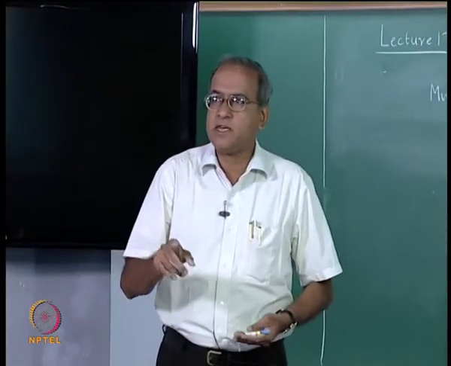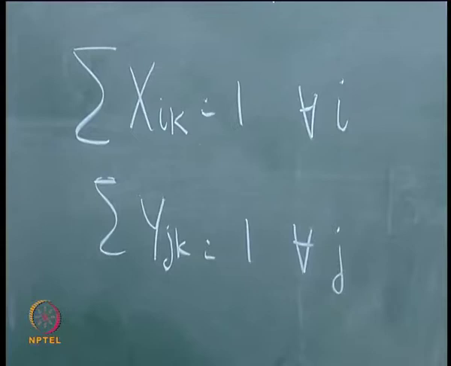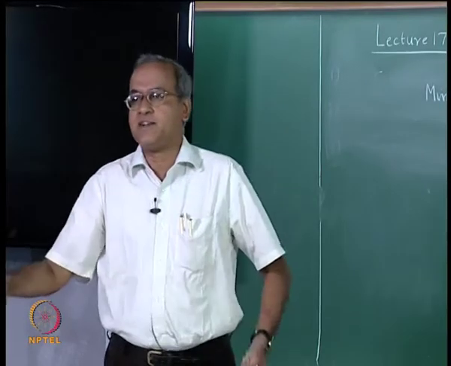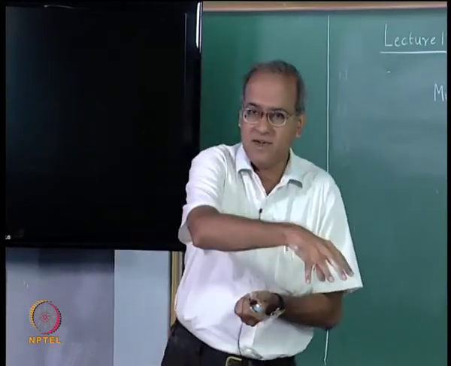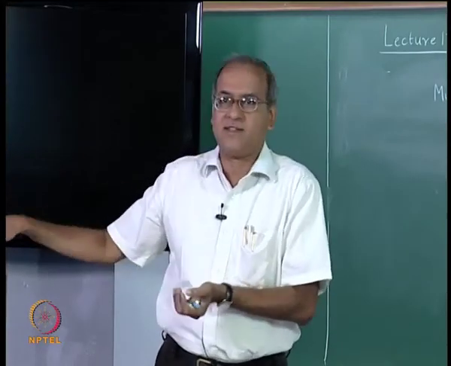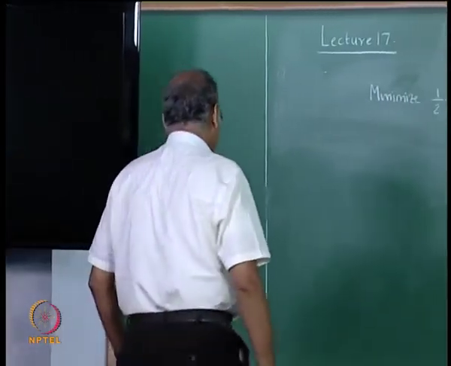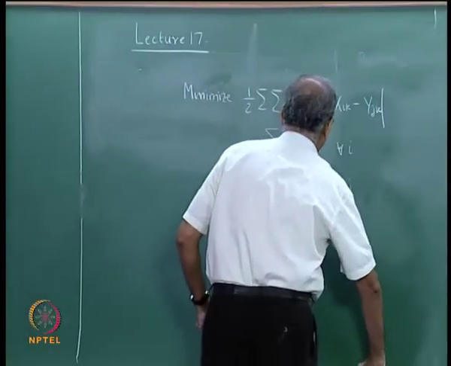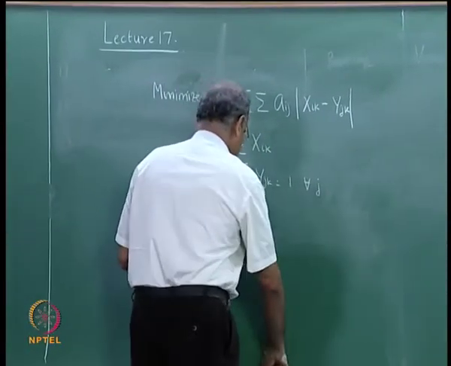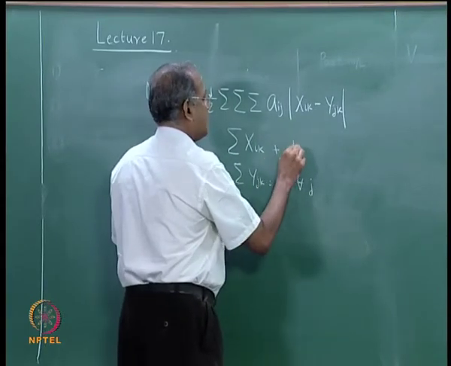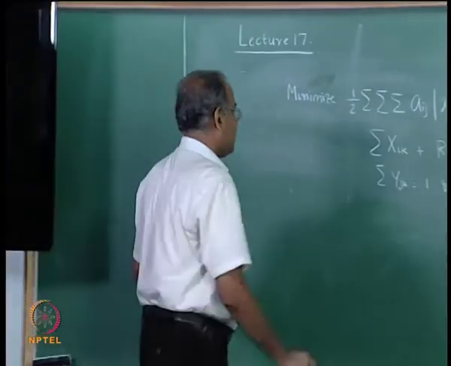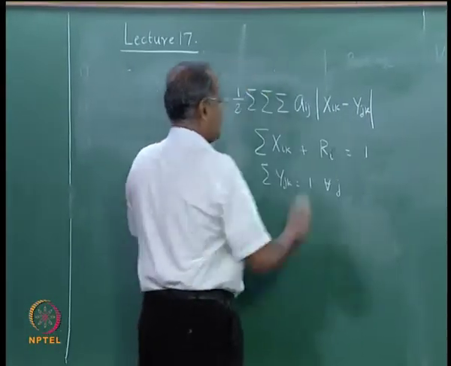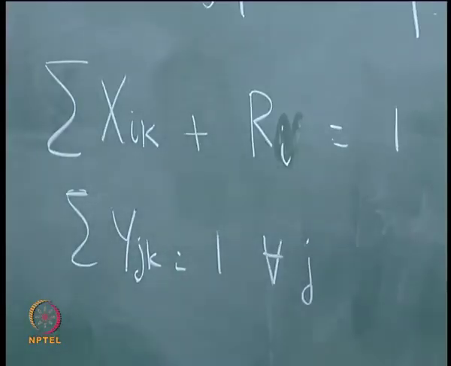Every machine has to be assigned to a cell. Now, the machine can either be assigned to a cell or can be assigned to a remainder cell. Just like in the part subcontracting, either the part can be made inside the cells or can be made outside the cell. So, in a similar manner we will say x_ik summed over k equal to 1 is now written as plus r_i equal to 1, if machine i goes to the remainder cell.